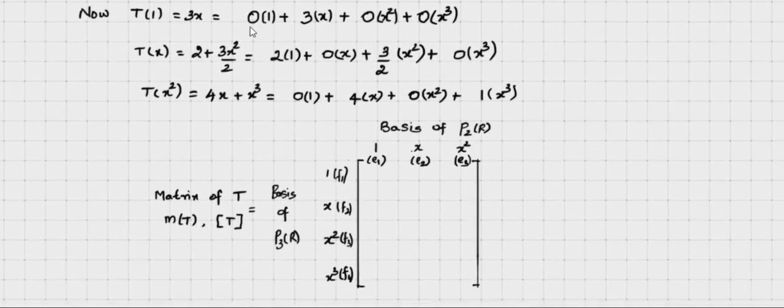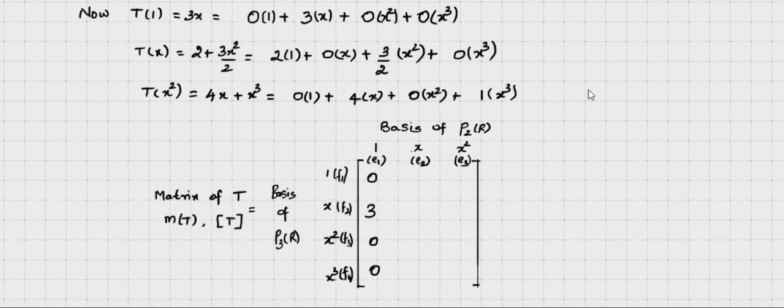What do we have here? 0, 3, 0, 0. These were the coefficients. So I am writing 0, 3, 0 and 0 in the first column. That is the output of the first element. We are writing it in the first column.